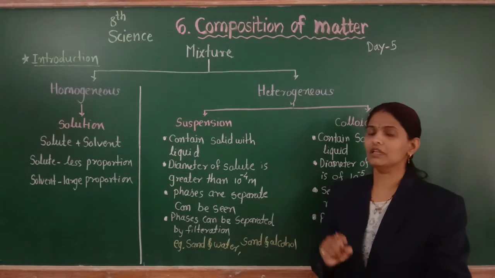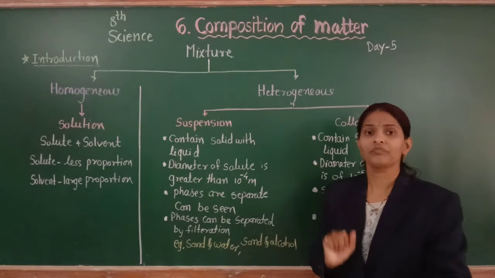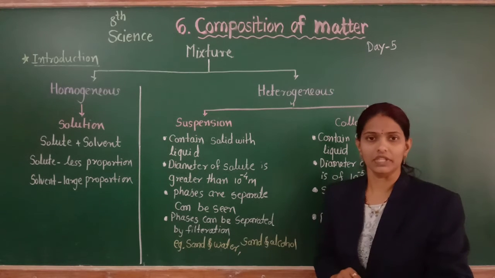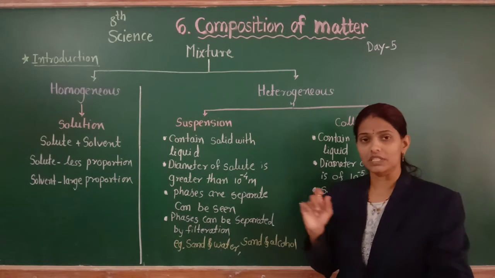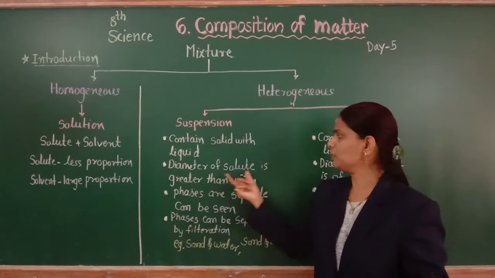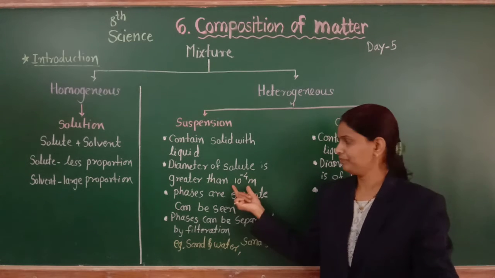So we can see there are two phases, one phase of sand and a second phase of water. We can see these two phases with naked eyes. It means these phases are visible to us. Then the diameter of the solute is greater than 10⁻⁴ meter.